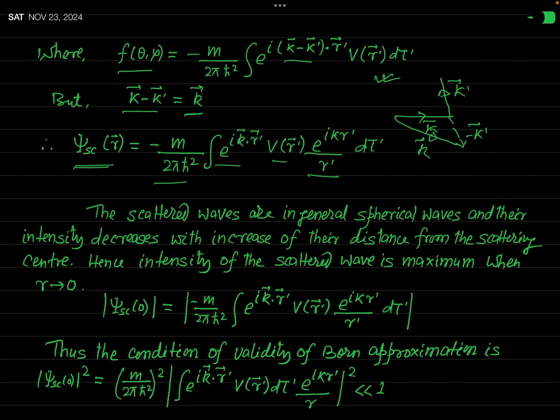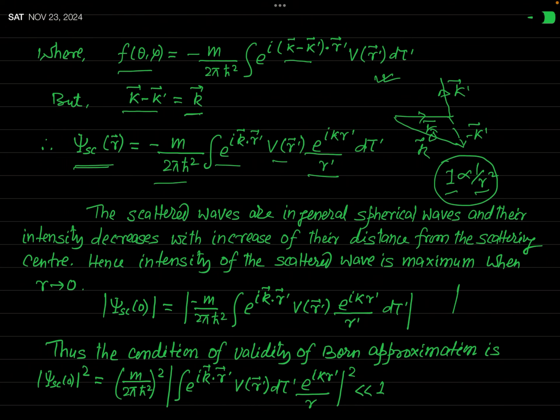Okay. In fact, when you talk about the scattered wave, in general, the scattered waves are spherical. And you know, in case of a spherical wave, the intensity of the wave is inversely proportional to the square of the distance of the point from the source of wave. So with increase in r from the source, this intensity rapidly decreases.